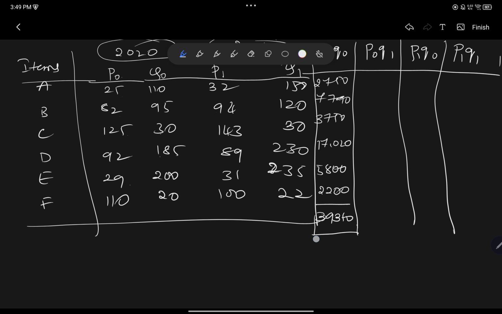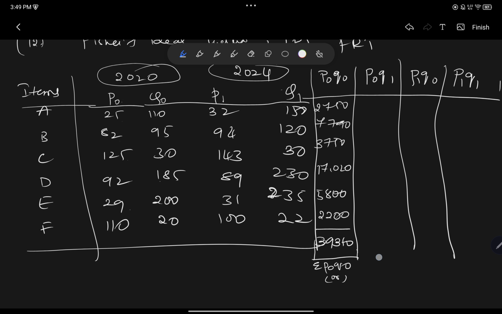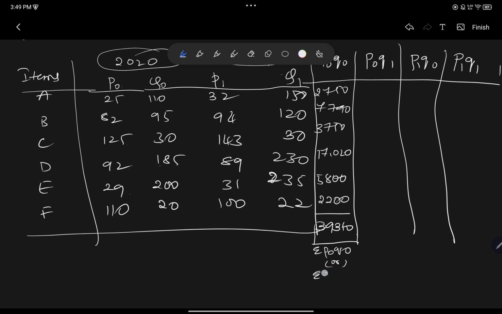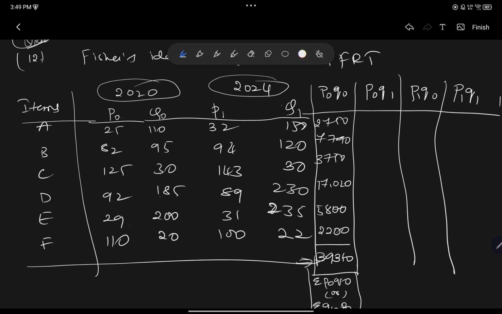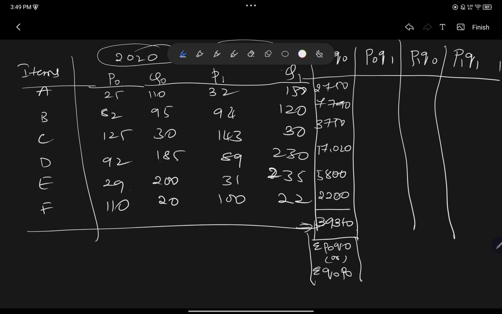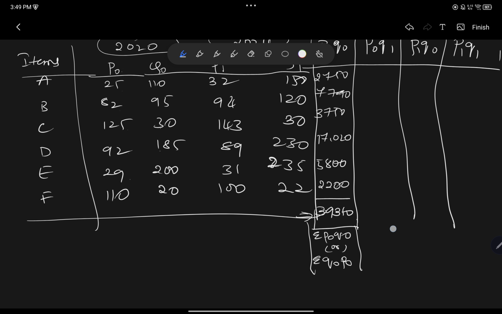This is nothing but your summation of P0 Q0. Even if you multiply Q0 with P0, you will get the same thing, right? So that is why we call it summation of Q0 P0. This is the answer with the total of P0 Q0 or Q0 P0. We need to know that.